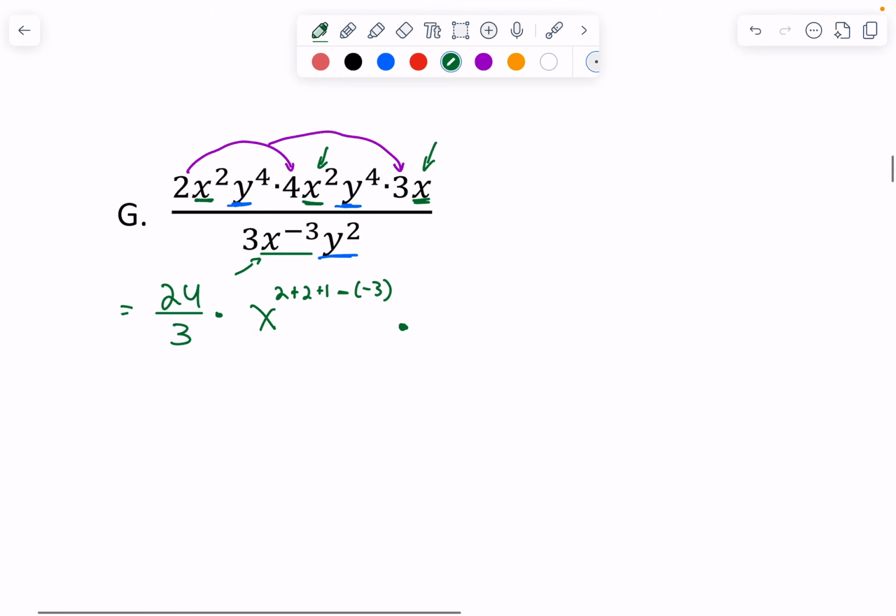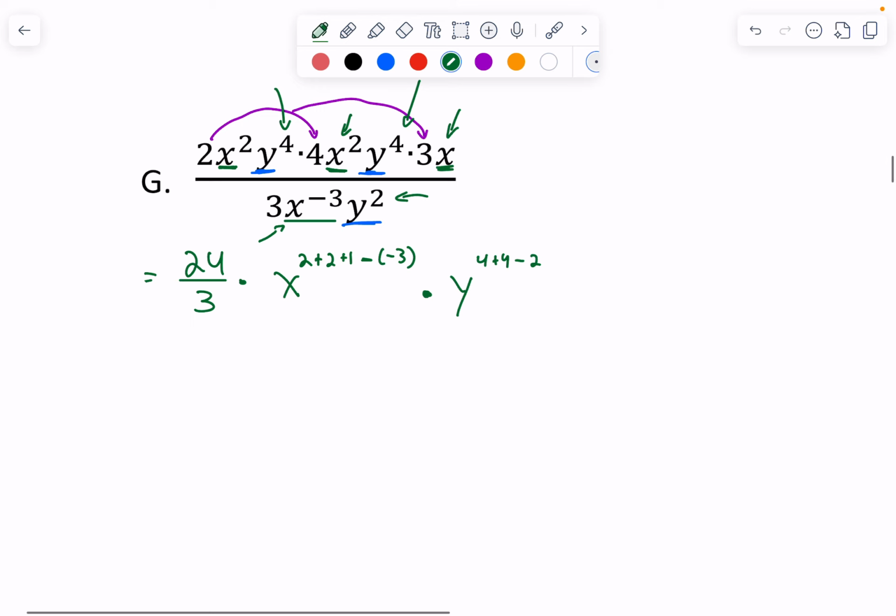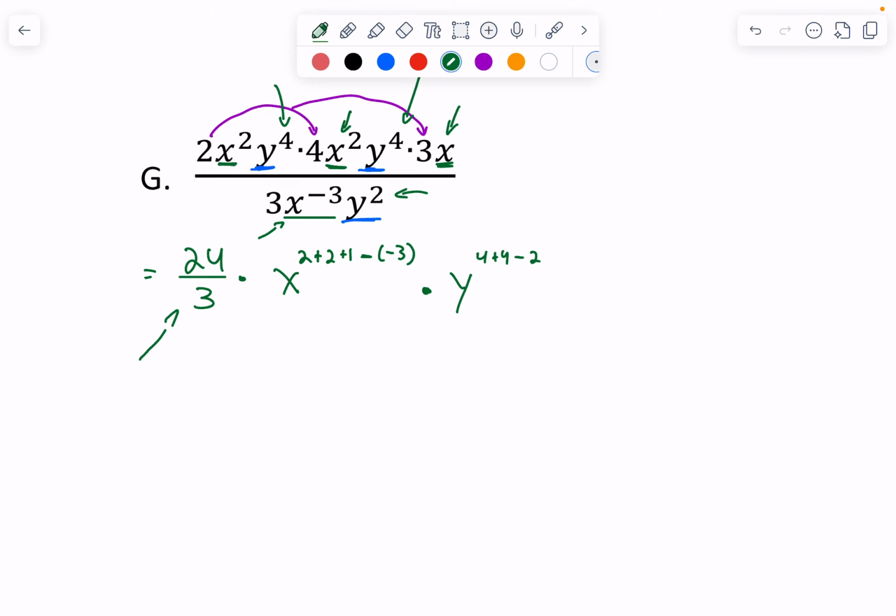That all is being multiplied by y, and it's 4 right here, 4. And then right here, you're multiplying, so adding that 4. And then right down here, we are dividing, so minus that 2. And there, you've dealt with the fraction that was originally in the problem by just factoring out essentially your coefficients.